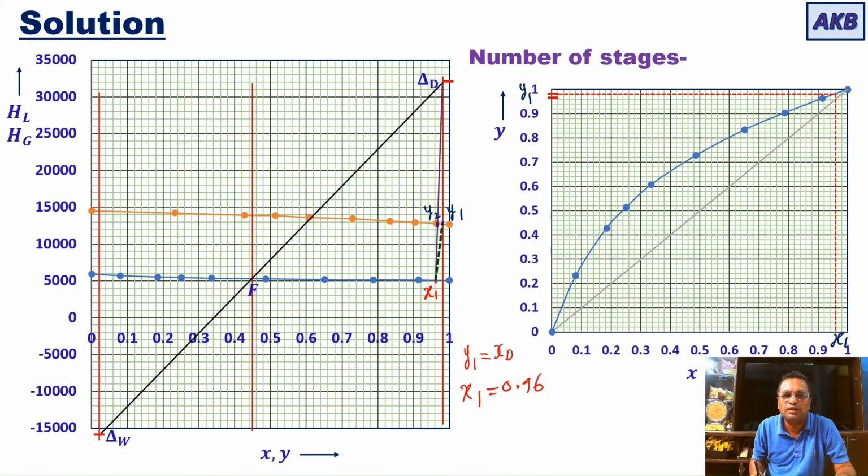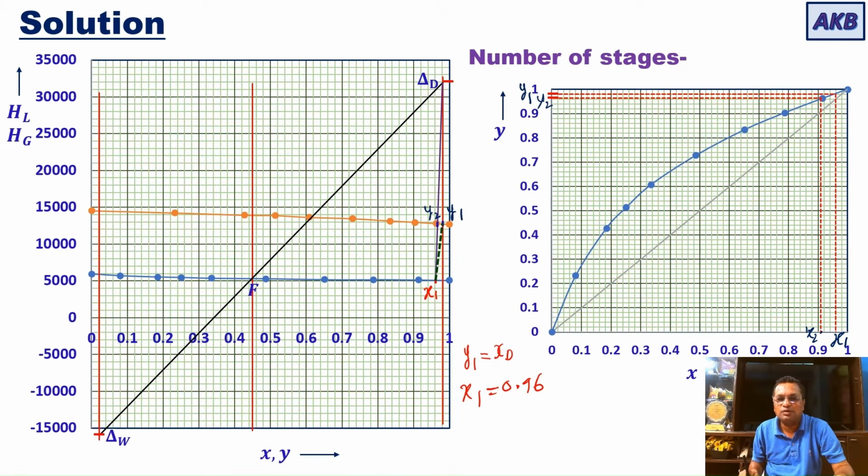So I am locating y2 over here, and then my aim is to get the value of x that is in equilibrium with y2. So I will go to the equilibrium curve and then come back to the x-axis to read the value of x2. It is 0.91 something.